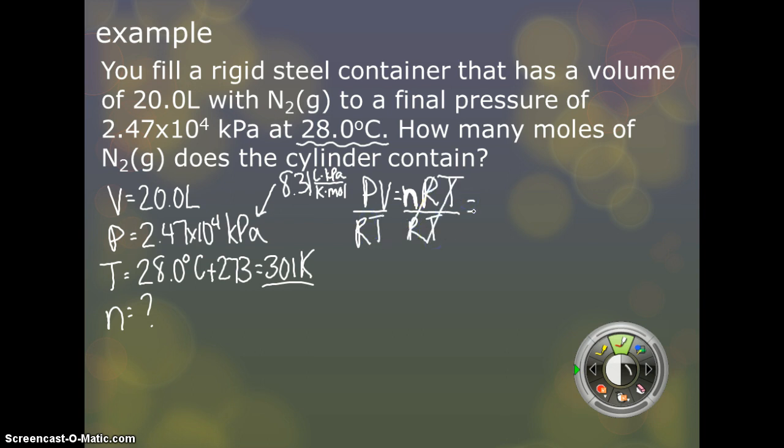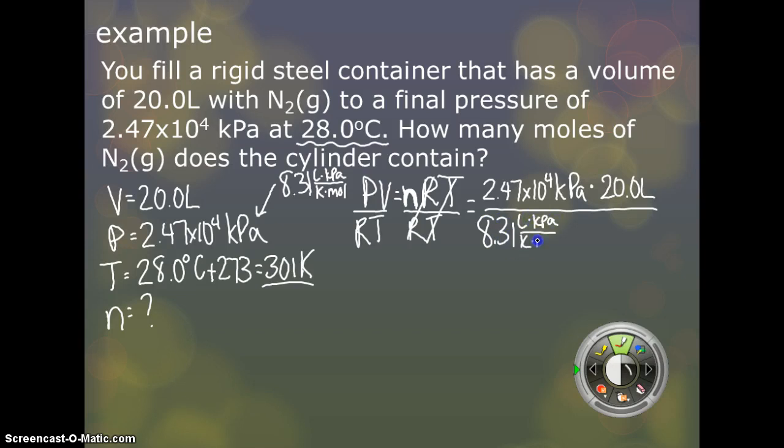Now just plugging in, P is 2.47 times 10 to the 4th kPa times V, which is 20 liters, divided by R, 8.31 liter kPa over Kelvin mole, and T is 301 Kelvin.